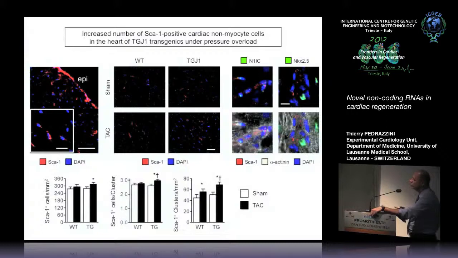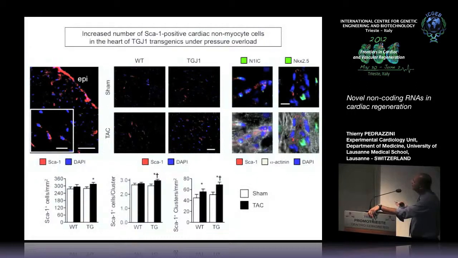Now we found also, we used SCA1 staining for detecting precursor cells, and what we found is that in transgenic animals, you have more SCA1 positive cells that are produced. You have also more SCA1 positive cells per cluster, and we have more clusters of SCA1 positive cells in these animals.